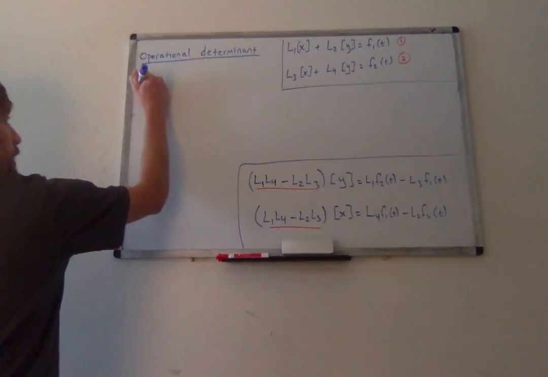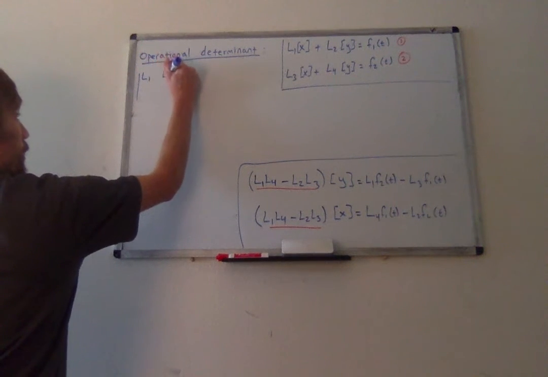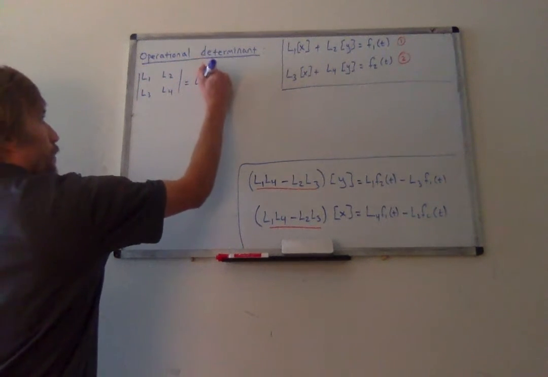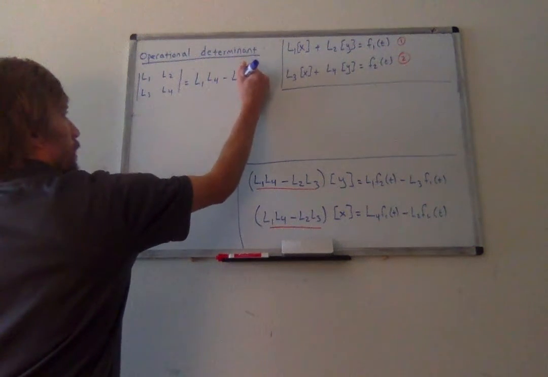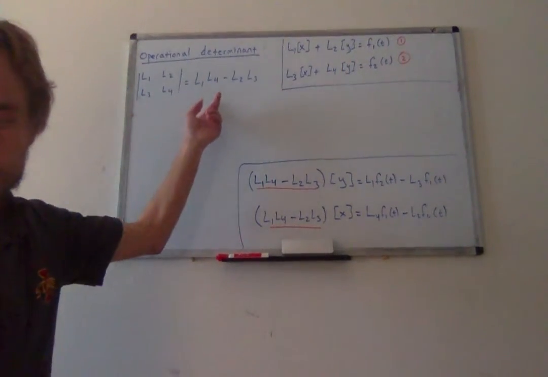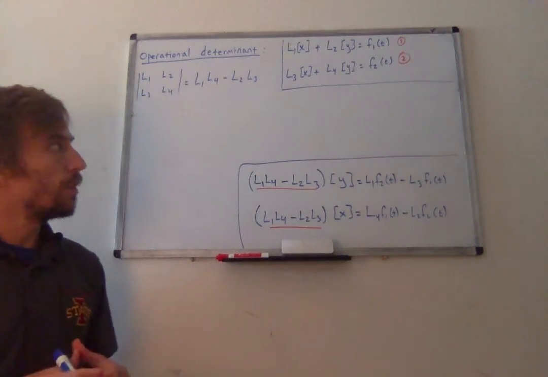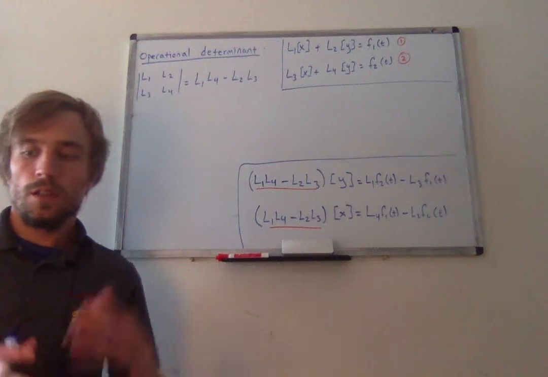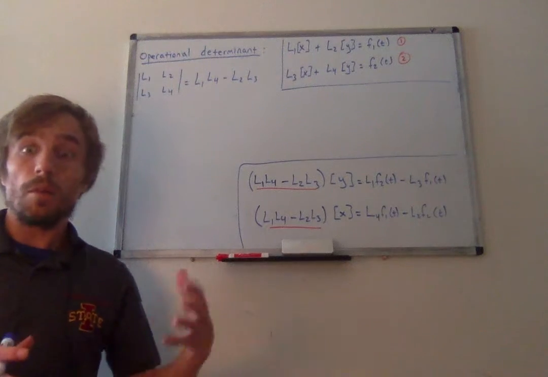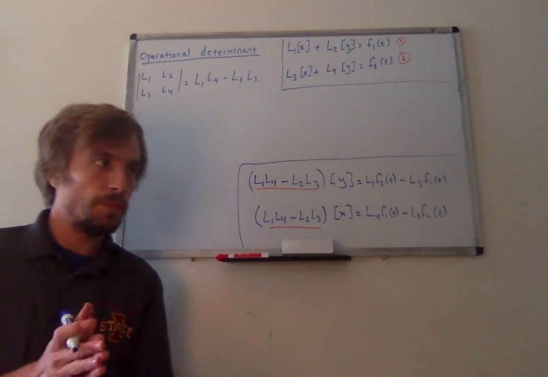The operational determinant is actually just the determinant of this matrix, L1, L2, L3, L4, which is the difference of the cross products. From the operational determinant, we can actually learn a lot about the system of equations. I want to talk about just one of the things now, though there's a lot more we can learn.